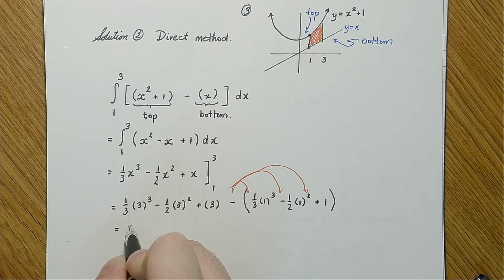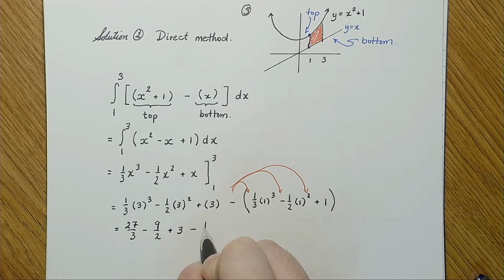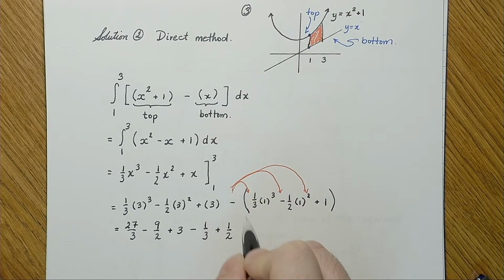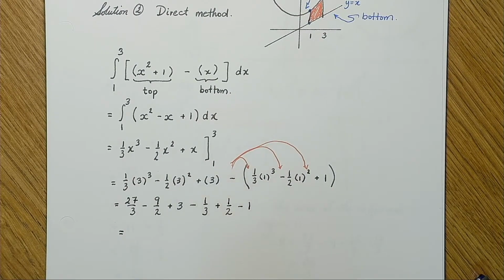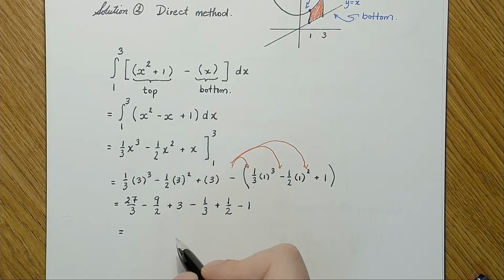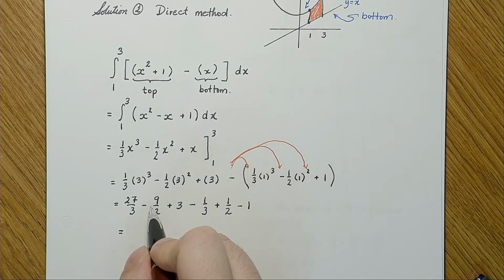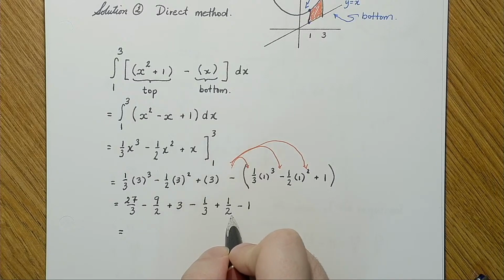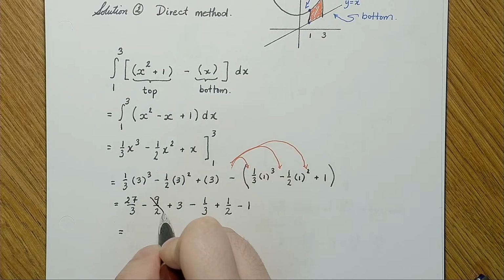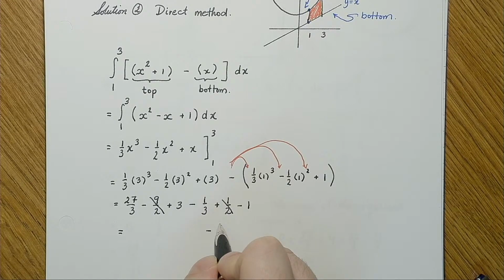Okay, so 3 cubed is 27 over 3, I have 9 over 2 plus 3, minus 1/3, plus, since a minus and a minus becomes positive, a half, minus 1. Let's see. I have a minus 9 halves and a plus 1 half, which I'll write as minus 8 halves, which we know is minus 4.